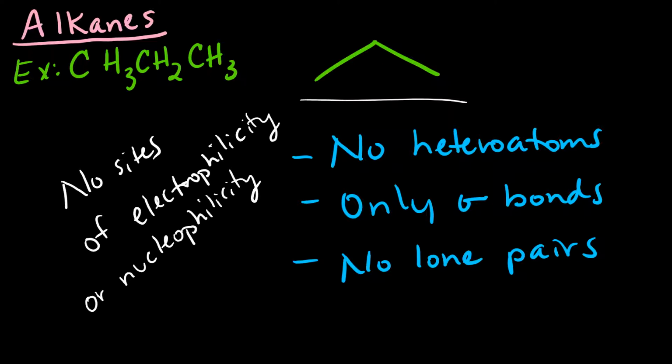We can burn them so they can undergo combustion, which is what we do with the gas for our cars, and we use the energy, the heat that's released to do work. And we can use alkanes for their physical properties a lot of times for waxes or oils and things like that. But in terms of reactivity, they're rather inert.